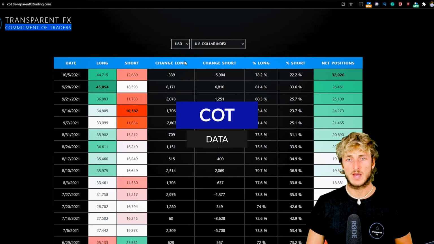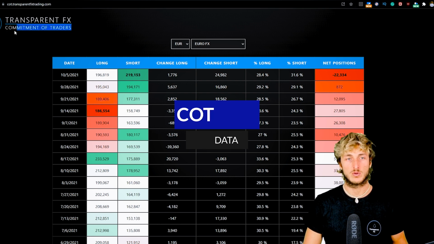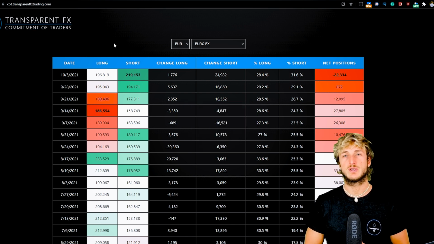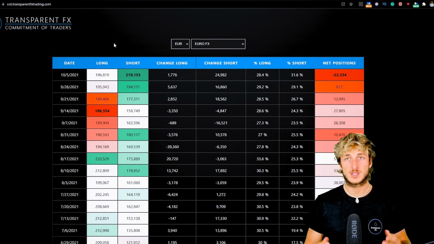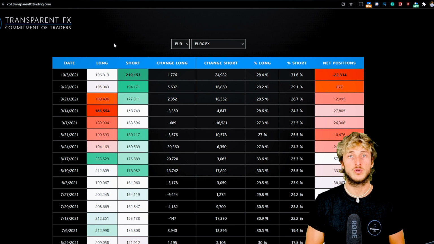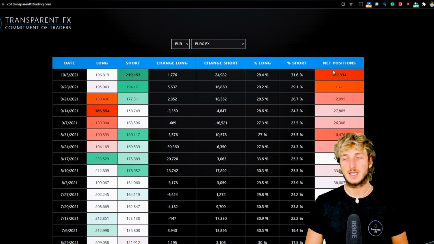Now, if we go and see what we have from a COT perspective, so commitment of traders, which is basically what the non-commercials and the biggest speculators, so basically hedge funds and the big players in the market are doing, what we can see is that lately net positions have been dropping massively.